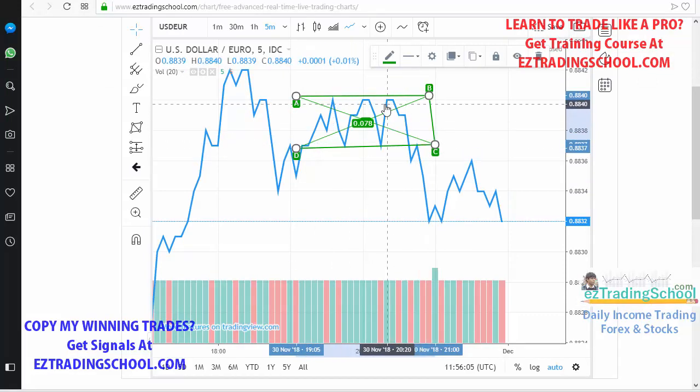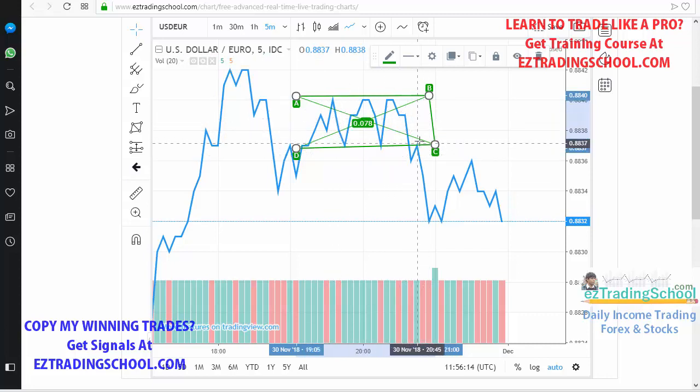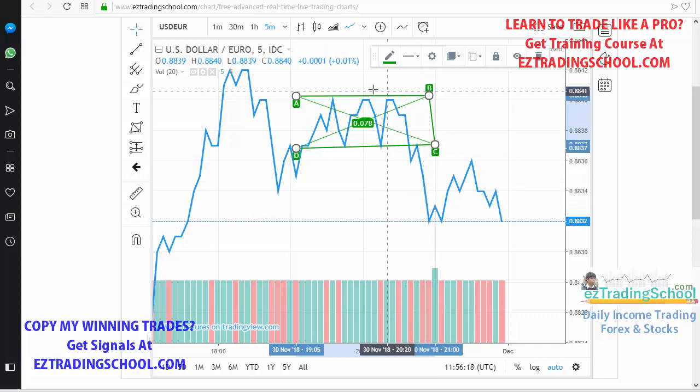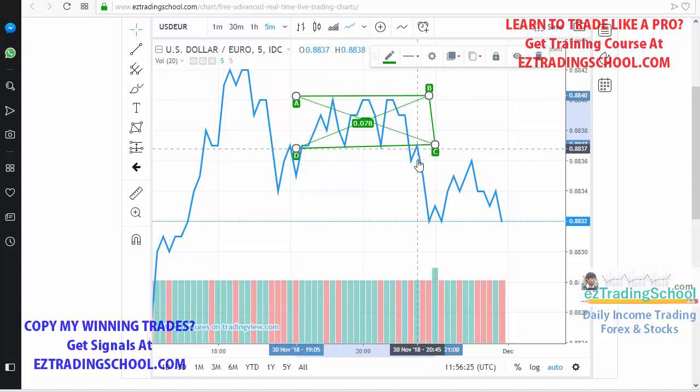So after a range is formed with support and resistance, the prices most of the time go downwards. There's a big indication here in this trend also that there was a range formed here with the support and resistance and it went suddenly down.